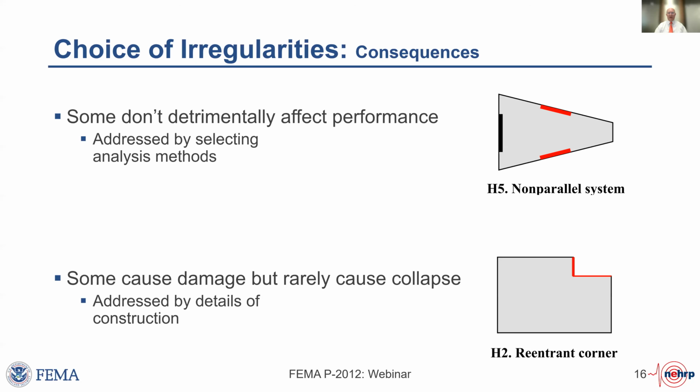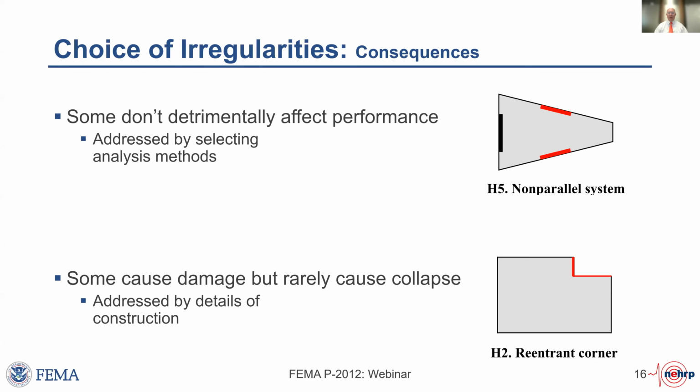An example of some of the things that didn't get considerable study include the non-parallel system irregularity, because there's no reason to think that a structure behaves poorly simply because the lateral system is complex or it's not orthogonal.